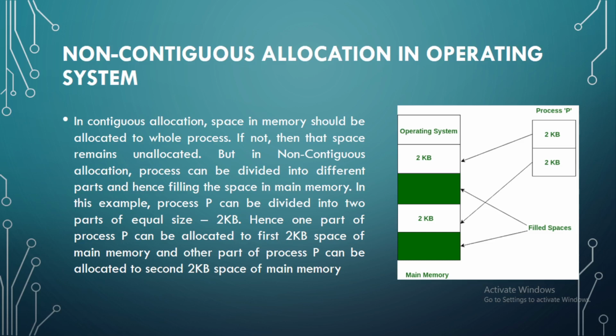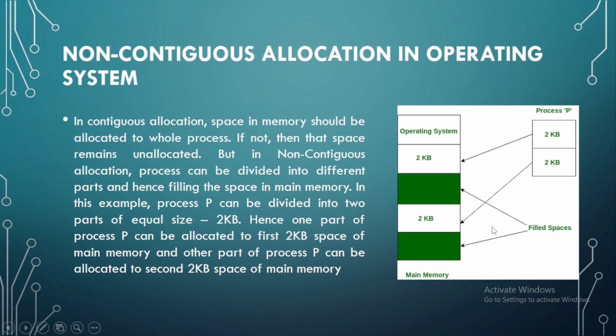But in non-contiguous allocation, a process can be divided into different parts and hence fill the space in main memory. In this example, process P can be divided into two parts of equal size, which is 2 kilobytes. Hence, one part of process P can be allocated to the first 2 kilobyte space of main memory, and the other part of process P can be allocated to the second 2 kilobyte space of main memory.